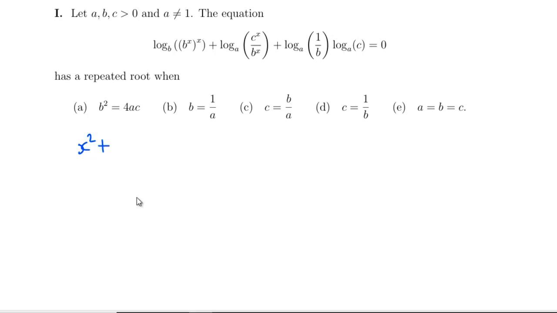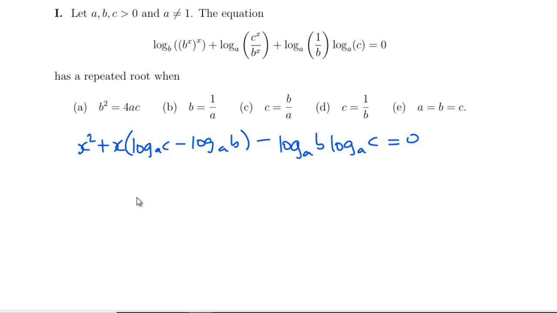So that next bit, I think we're going to want to split these out, aren't we? Well, that is x log base a of c minus log base a of b. Then we've got a minus, let's go for minus log base a of b log base a of c, and that's got to be equal to 0.